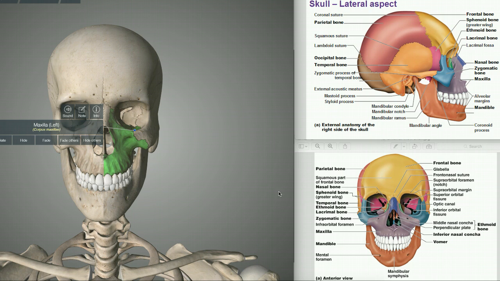You can see here, this is the left maxilla, and on this side we have the right maxilla. There's basically a mirror image of whatever you have on the left is the same thing on the right. All we do is call it right and left and use the appropriate Greek name given to the parts of the body.